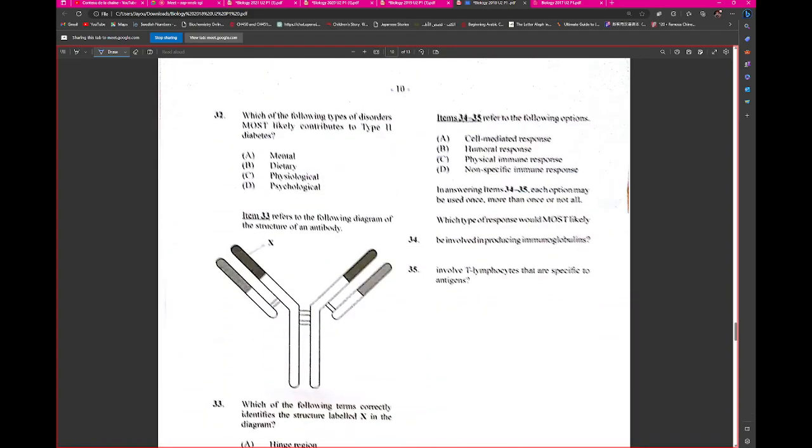33. Which of the following types of disorders likely contributes to type 2 diabetes? The dietary. And type 1 would be physiological, right? So as in it's passed down from person to person?